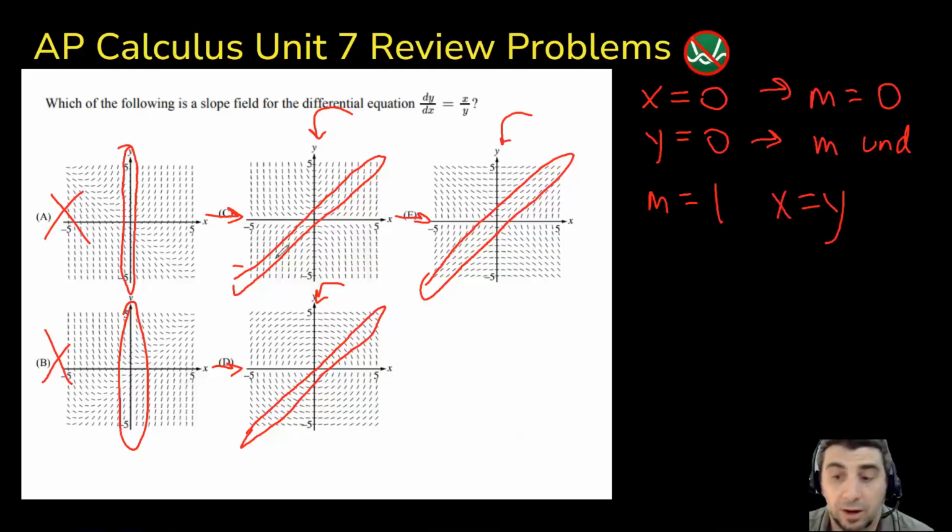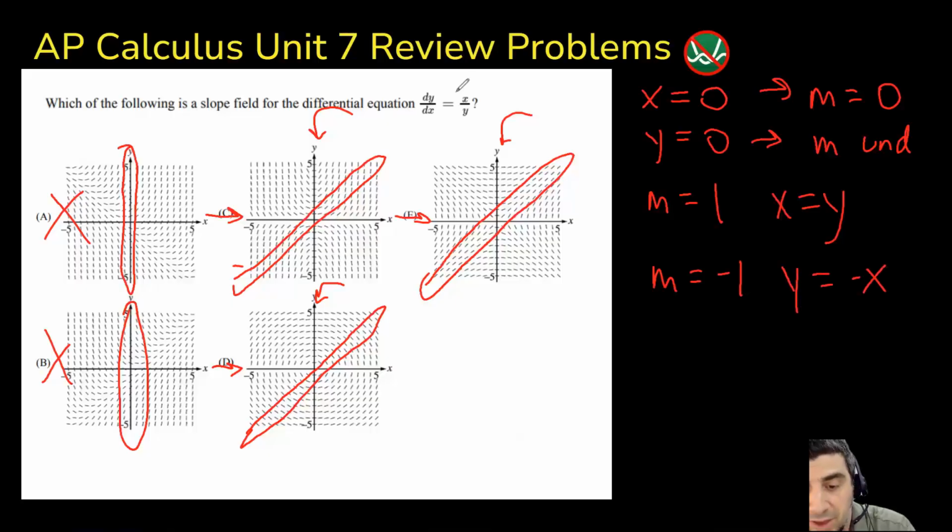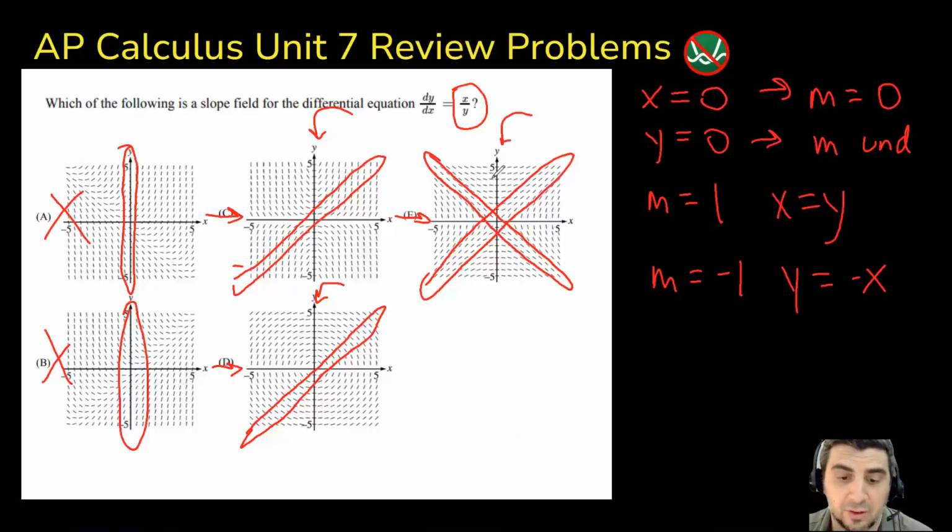So that's most likely our answer, and in fact, it is. We can also look at the slopes being equal to -1 when y equals the opposite of x. So if x and y are opposites, then x over y is going to be equal to -1. So if we look to just verify, this line, y equals -x, has slopes of -1. So that further confirms what we want.